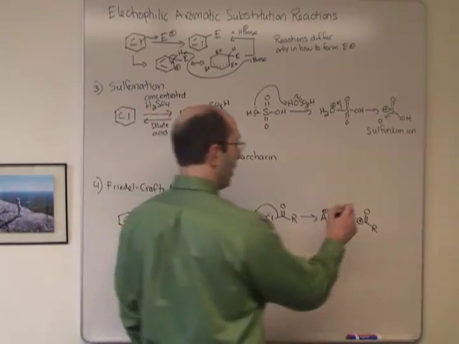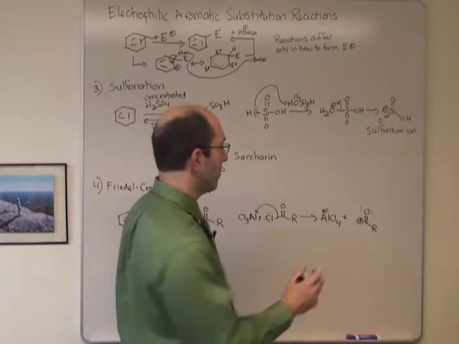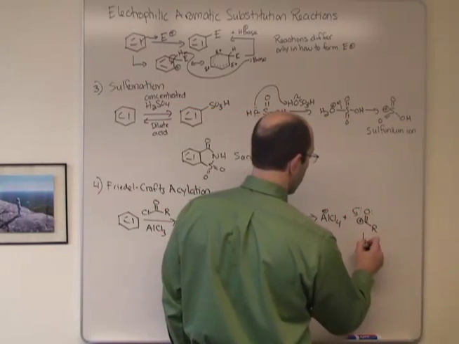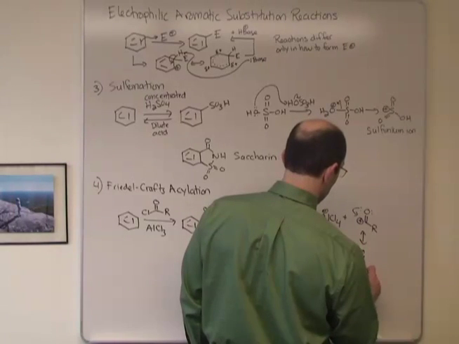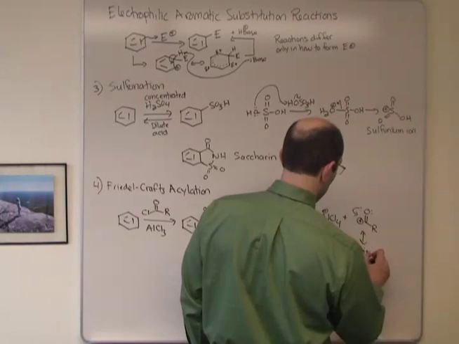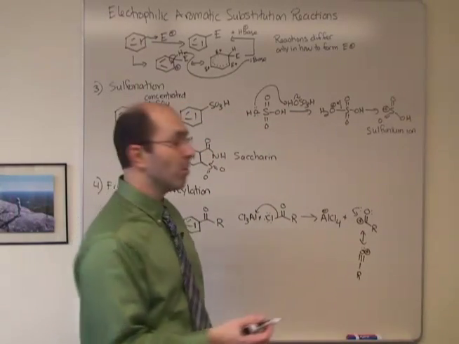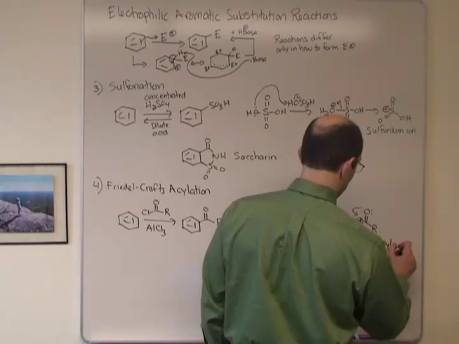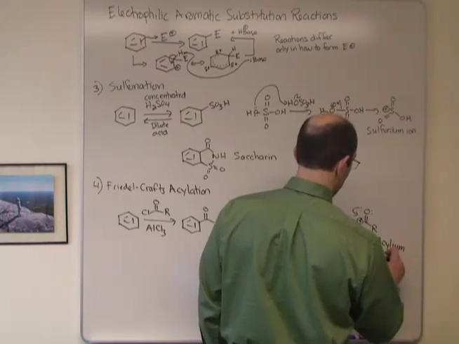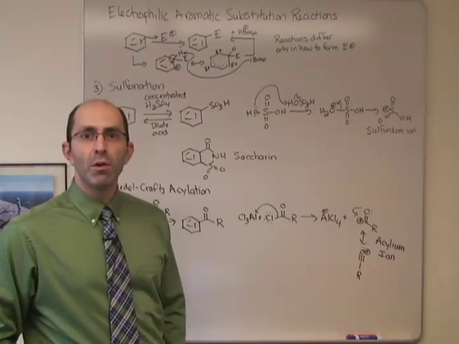And that carbocation is actually a resonance-stabilized carbocation. You can draw that sort of resonance structure, positive charge on oxygen. This is a relatively stable carbocation because it's resonance stabilized, called an acylium ion. And that's our electrophile in the Friedel-Crafts acylation.